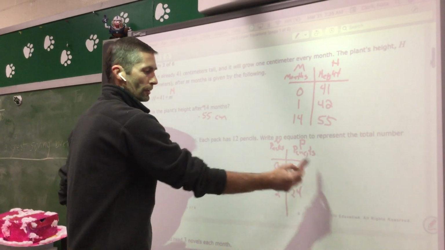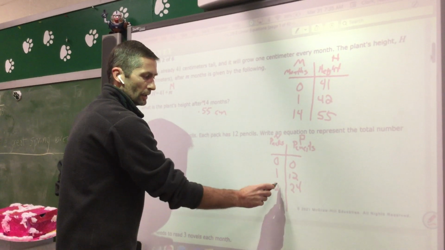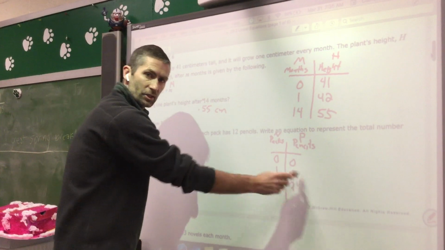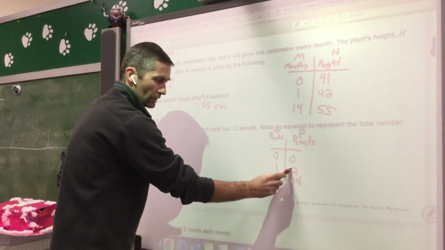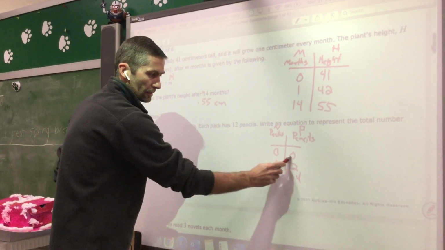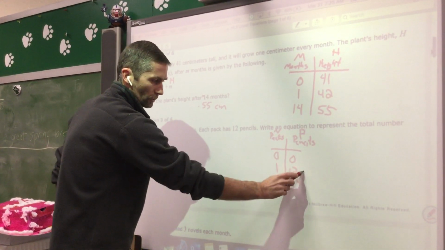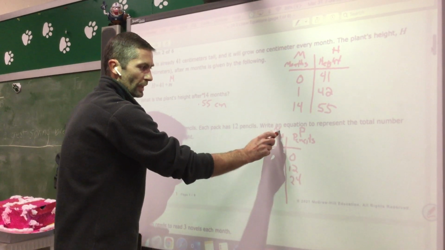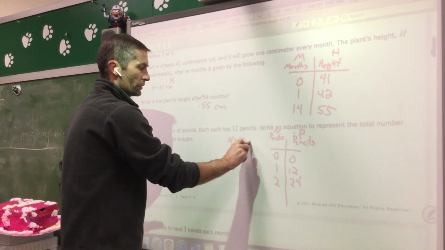So how do we get from the input, the independent variable, to the dependent variable? Well, it's either going to be addition or multiplication. We can see this is clearly multiplication. So whatever this is times 12 will get us here. So this times 12, that times 12, that times 12, n times 12. So n times 12 equals p.